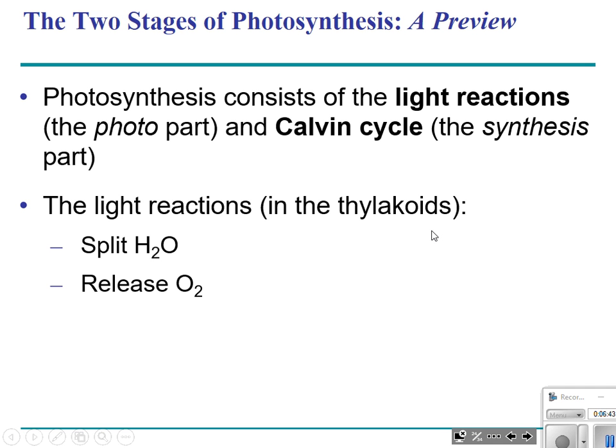Doesn't that make sense? They got a green color in those thylakoids, don't they? What do you think they have in them? Well, the whole thing's a chloroplast. What makes them green? Chlorophyll. Excellent. Okay? So what happens in the light reactions? Well, water is split and oxygen is released.